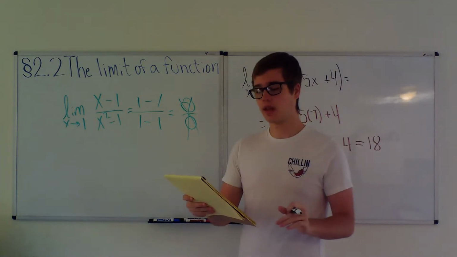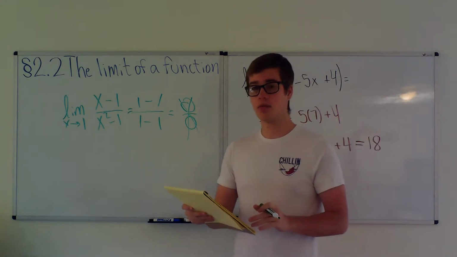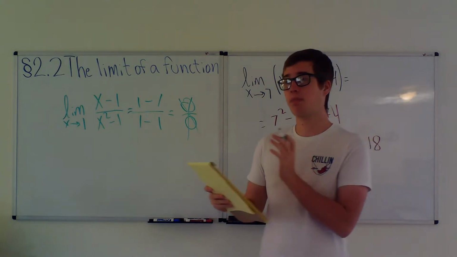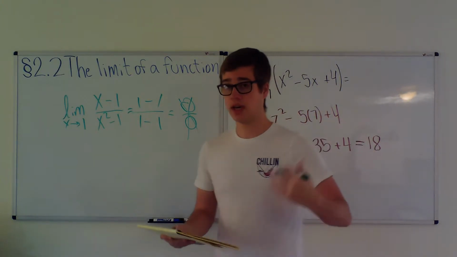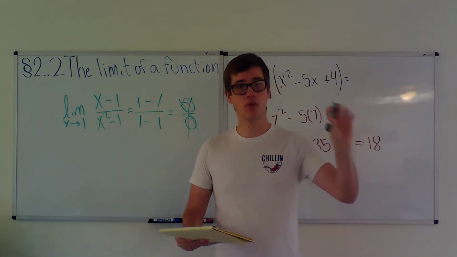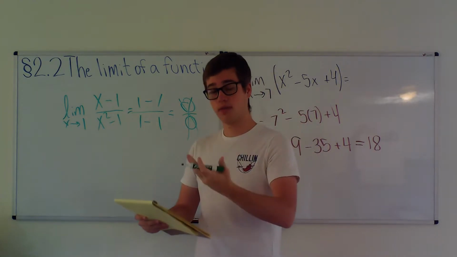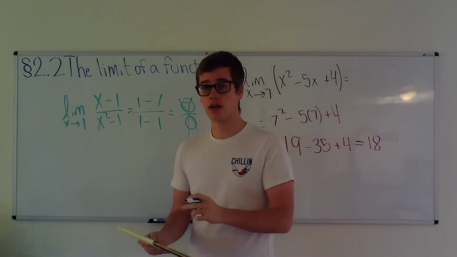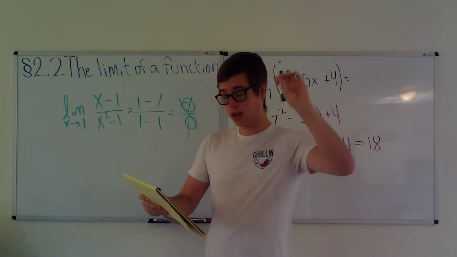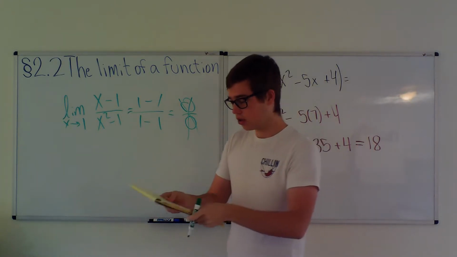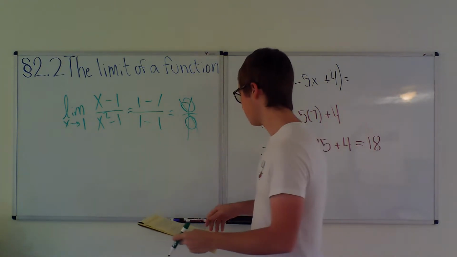So, like we did in the last video, I'm going to make a table, and you have to make it for both sides. So when x is less than 1 and it approaches, and from the right side, when x is greater than 1, but still approaches 1. So I'm going to make the tables right now.